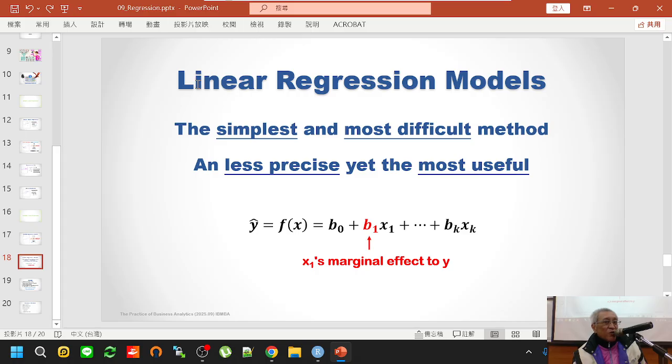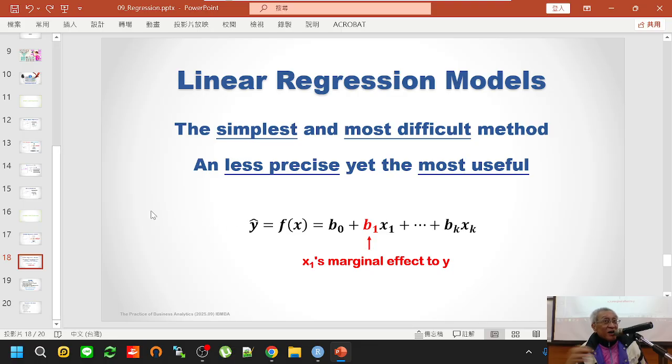But whatsoever, it's less precise, yet it's the most useful. The reason I say that is because it is the only model that shows you the marginal effect from X to Y. Okay?